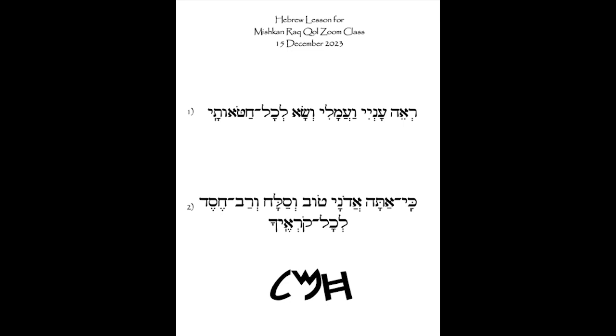Korecha, call out to you. So the echa, you, and lekol, to all. We're working off the root word kara, which means to call out. So he is merciful and kind to those who do what? Who call out to him. Right? The scriptures tell us that with the mouth, confession is made unto what?